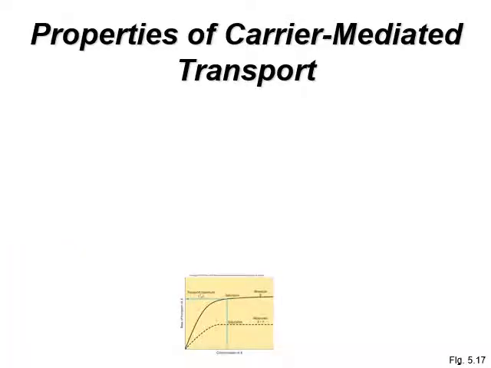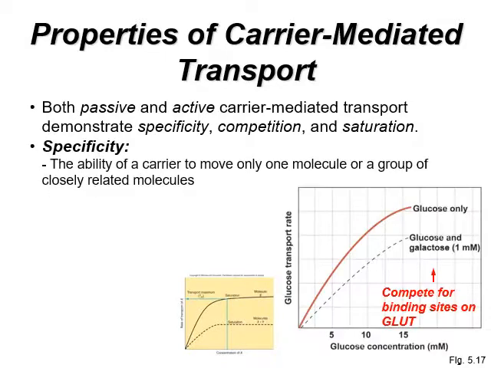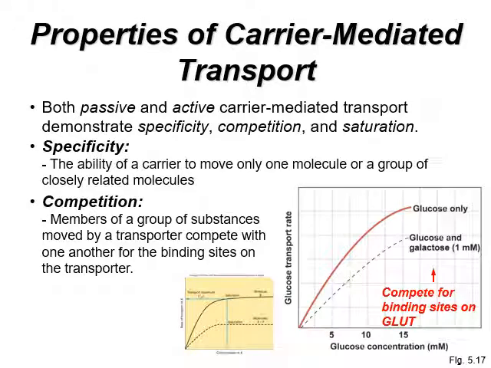So those carriers that we use for both passive and active transport will exhibit certain characteristics or properties. They all share specificity, competition, and saturation.